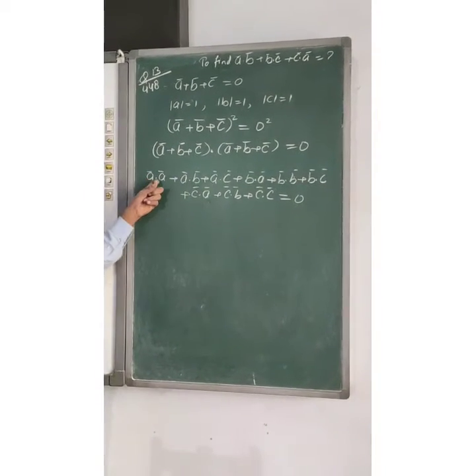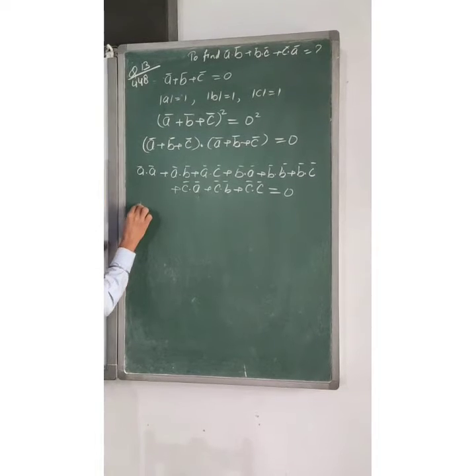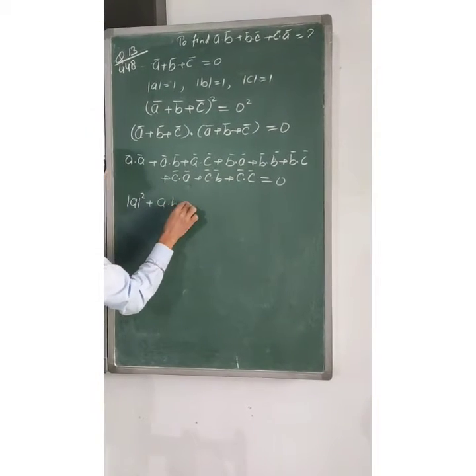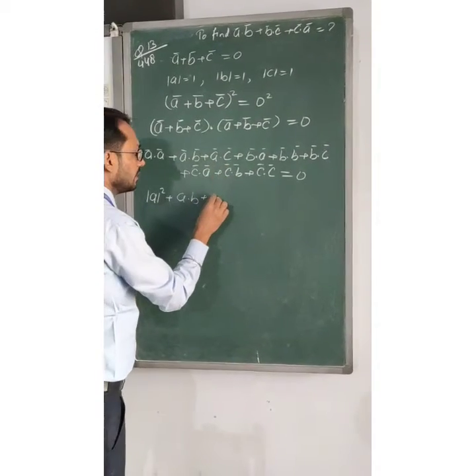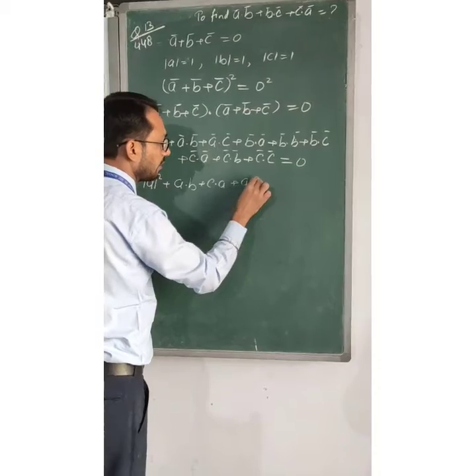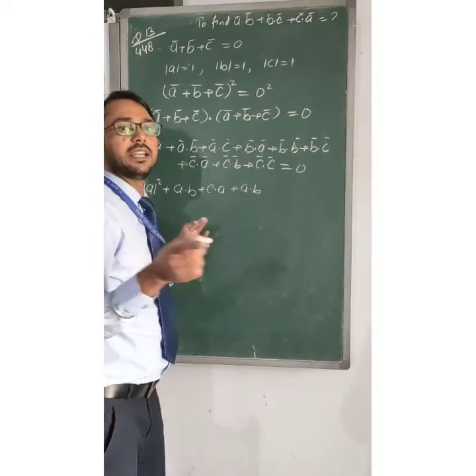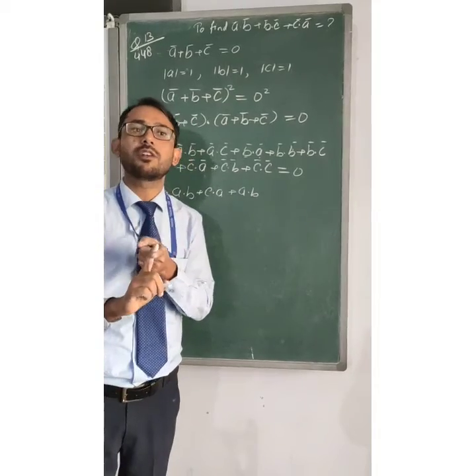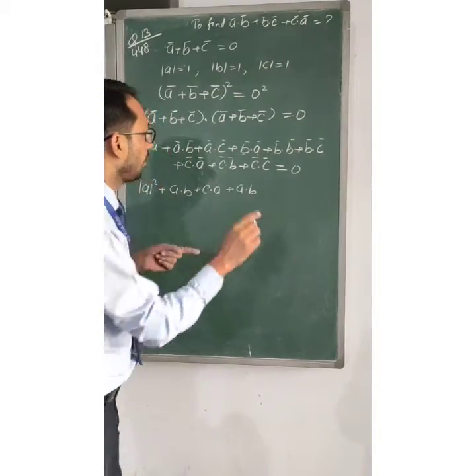Now A dot A can be written as mod A whole square plus A dot B plus C dot A plus A dot B. B dot A can also be written as A dot B because the vector dot product obeys the commutative law.